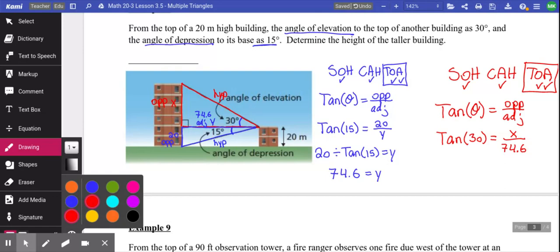Because x is on the top, this is a multiplication question. So I'm going to go 74.6 times tan of 30.